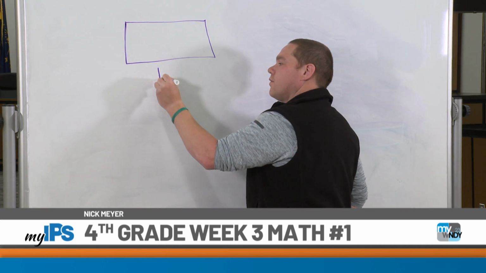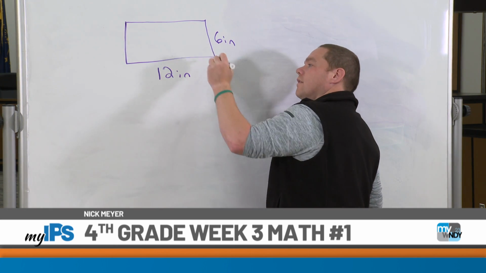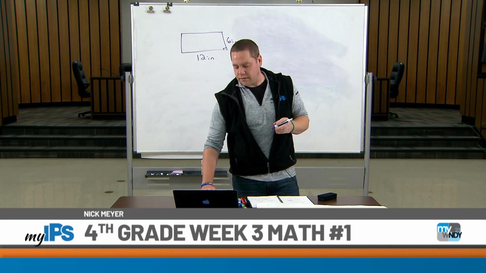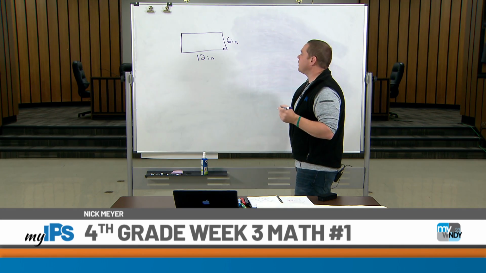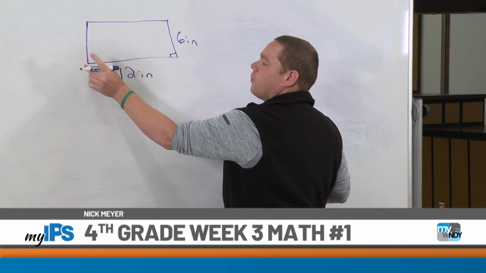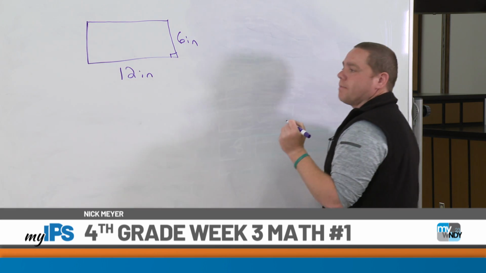I'm going to make it 12 inches by 6 inches. Just pretend those are right angles. So what is one way that we could find the perimeter? Perimeter being the one-dimensional length all the way around the outside of the rectangle.